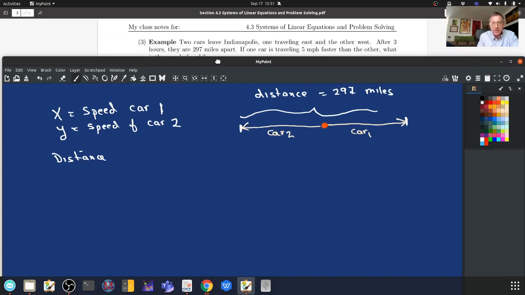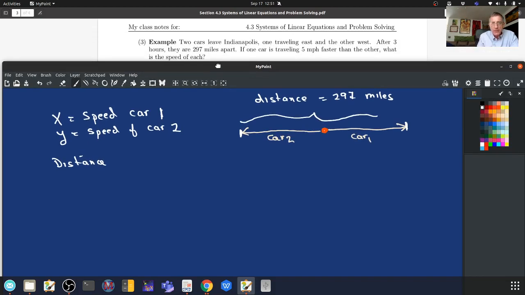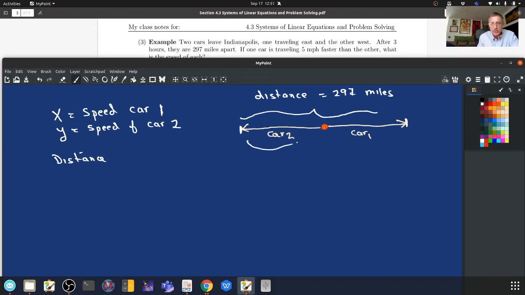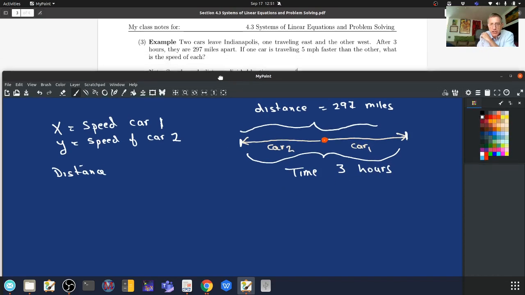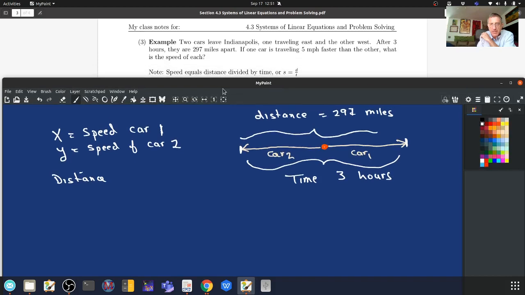And what else does it tell us? After 3 hours, so the total time is 3 hours. So what do we know about the relationship between distance, time, and speed?